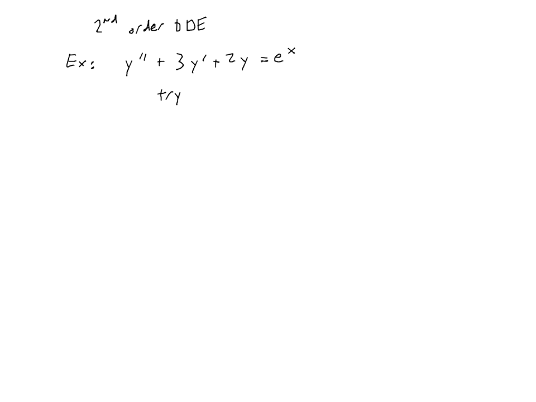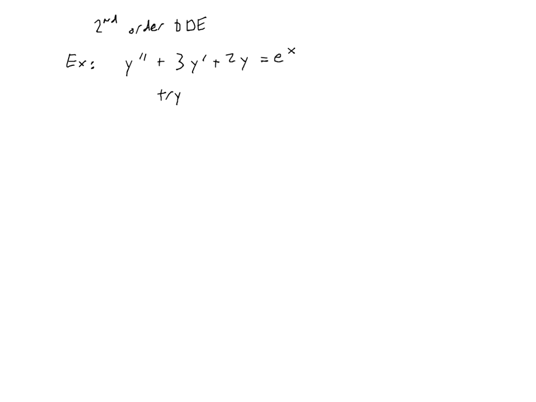In this case, you see the exponential term on the right-hand side. And then you also notice that you have y double prime, y prime, and y. So we have the same degree in each one of these.